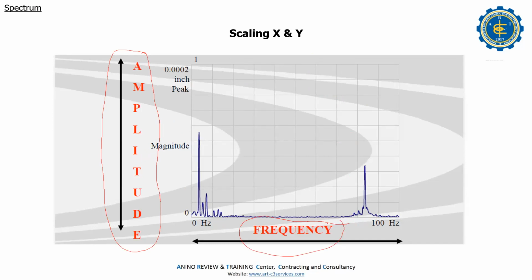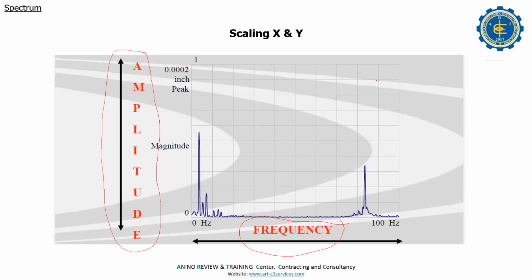What is the line frequency in the Philippines and Saudi? 60 hertz. Line frequency. In Australia, the line frequency is sometimes 50, sometimes 60, so it's difficult to analyze.